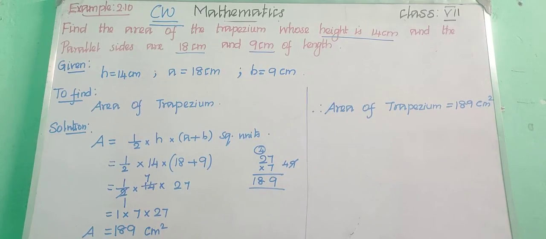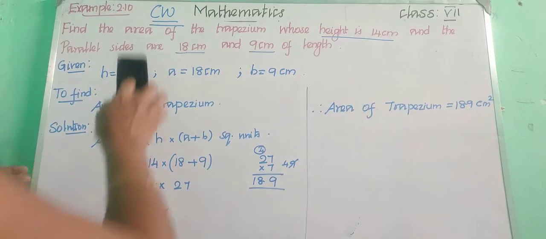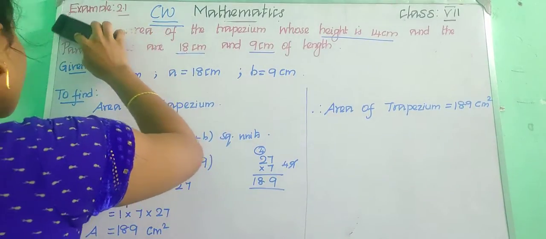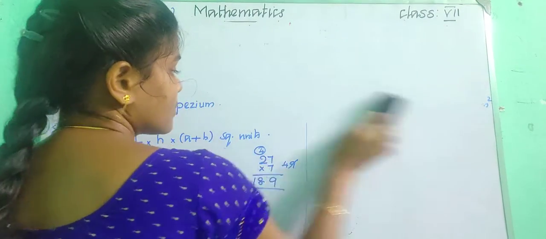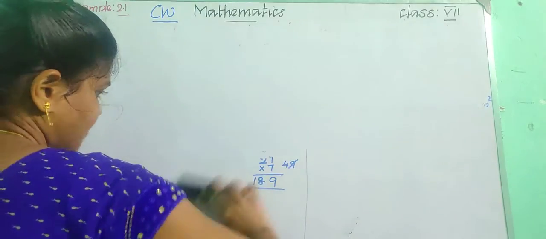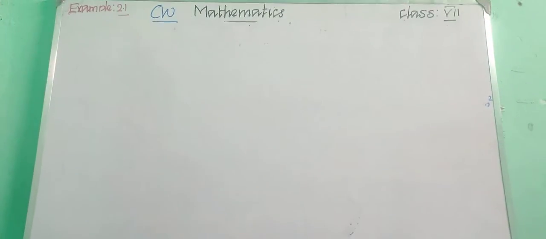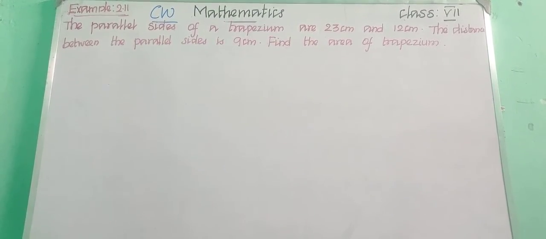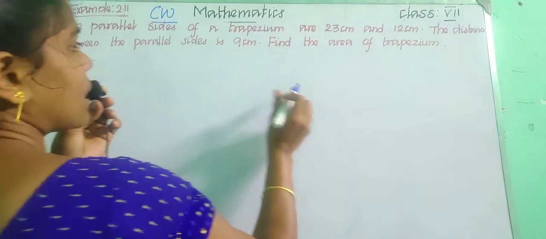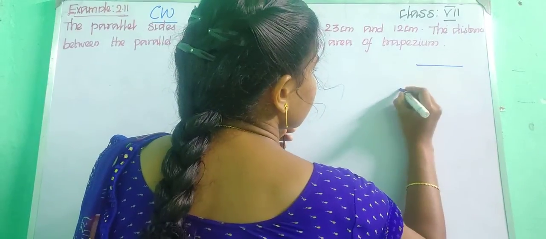Example 2.11. Children, let us see example 2.11. Read the question. The parallel sides of a trapezium are, first of all draw the trapezium.